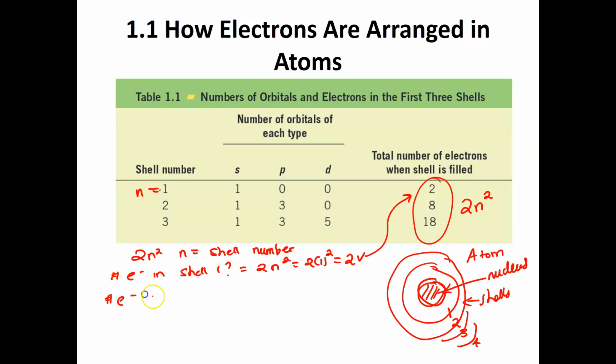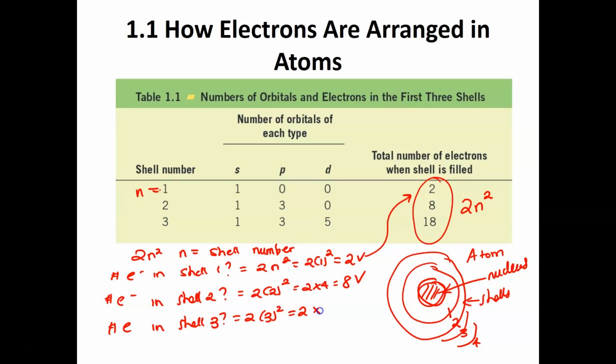So number of electrons in shell 2, n equals 2, that's shell 2. So it's 2 times 4, obviously the number is 8. Number of electrons in shell 3 is 2 times 3 squared, which is 2 times 9, gives you 18.